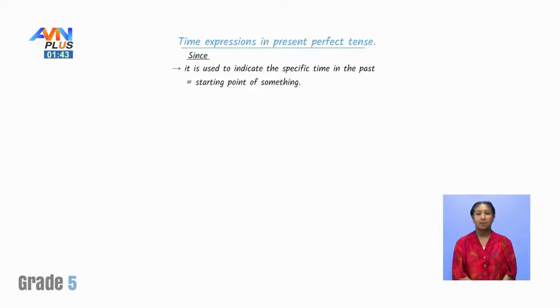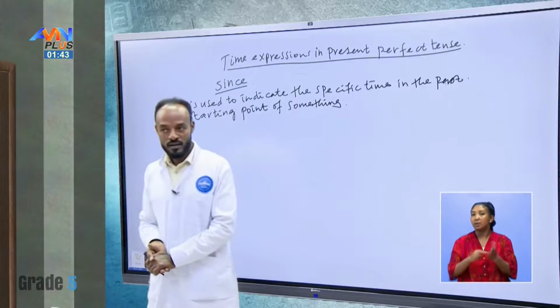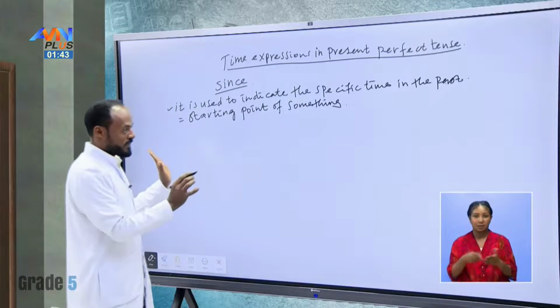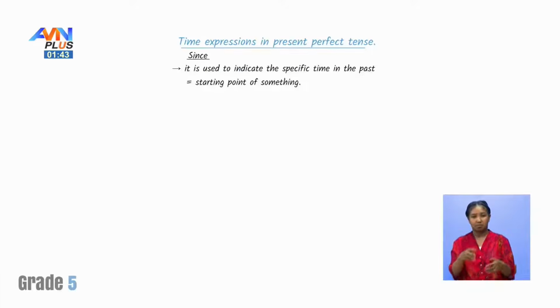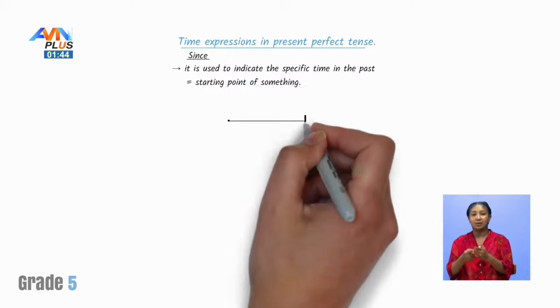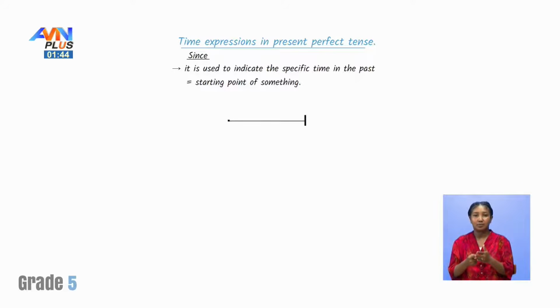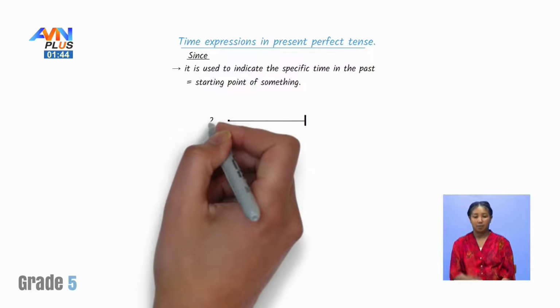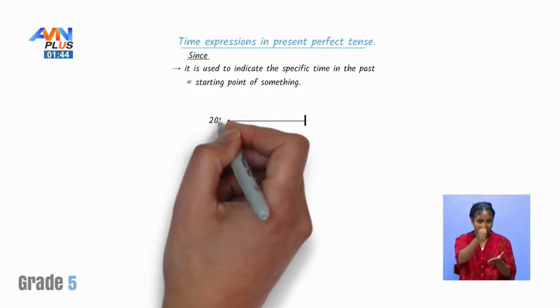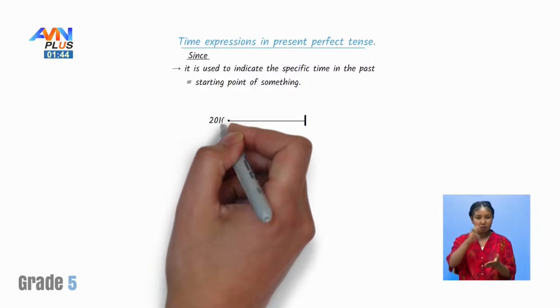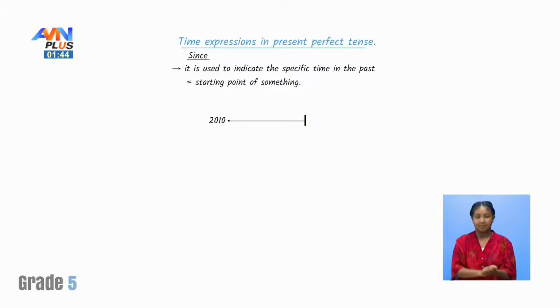So when we say the starting point, what do we mean? For example, let's say somebody is standing around here and he's talking. The person is here, and this one is the starting point. Let's say this is 2010.